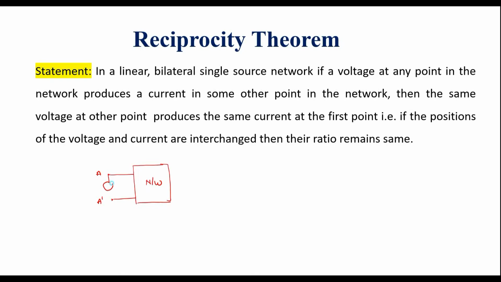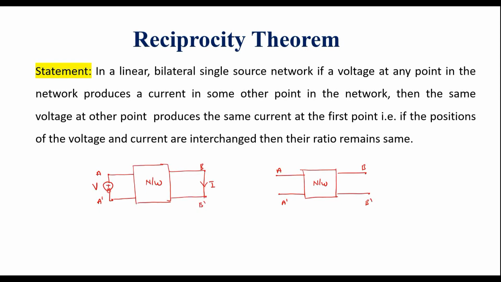If between A and A dash, if we apply a voltage V, in the same network at other point, say at B dash, if we find the current I, then in the same network, that is this is B dash, same network, this is A dash.